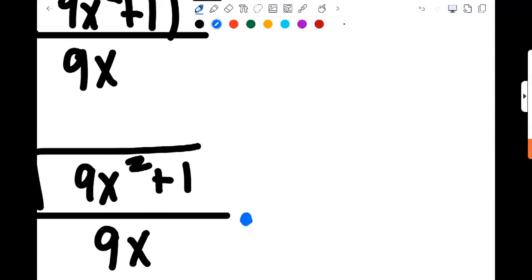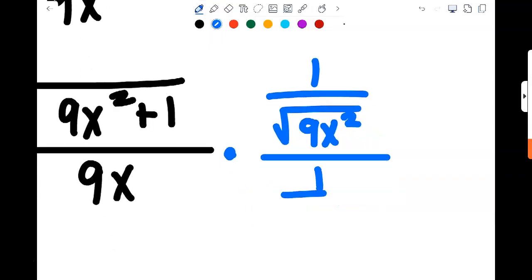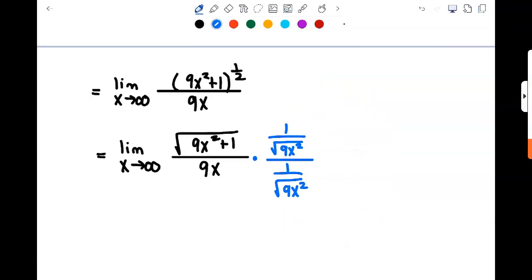So what I'm going to do is multiply the top and the bottom by 1 over the square root of 9x squared, leveraging the idea that I'm going to positive infinity. So when I'm going to positive infinity, x is positive, so the square root of x squared will actually just be x. So in the bottom, the square root of 9x squared will just be 3x.